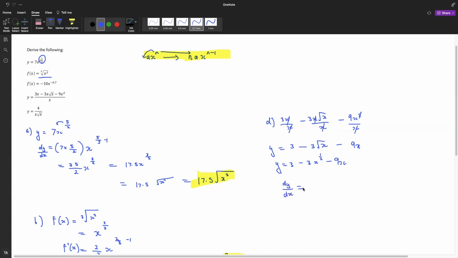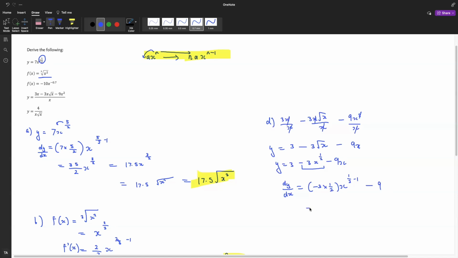As 3 is just a constant, the derivative of that is just 0, so that goes away. Now for this negative 3x to the power of half, we follow the same rule. We do negative 3 times half, bringing the power down, in brackets just so it's good to understand, and then we subtract the power by 1. And then the derivative of 9x just becomes 9.